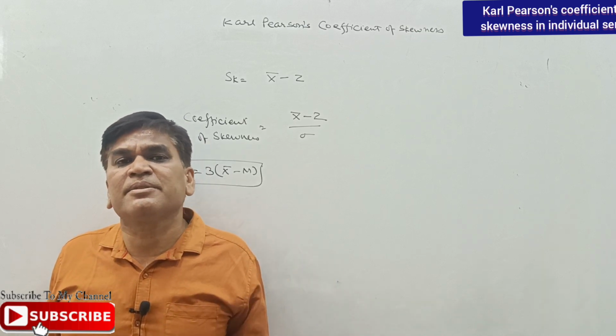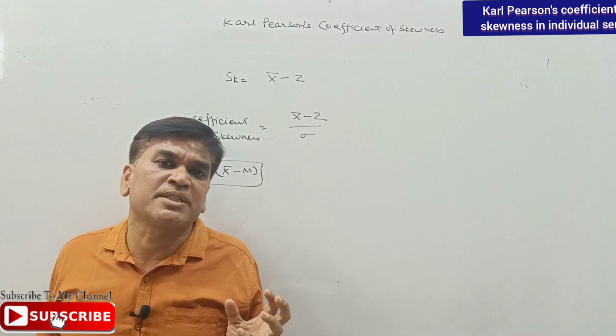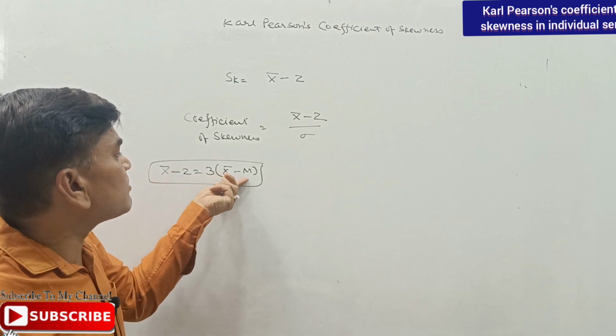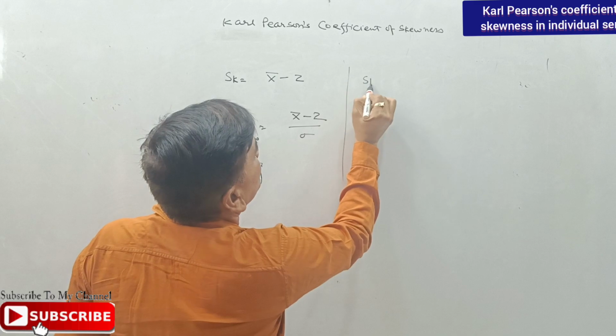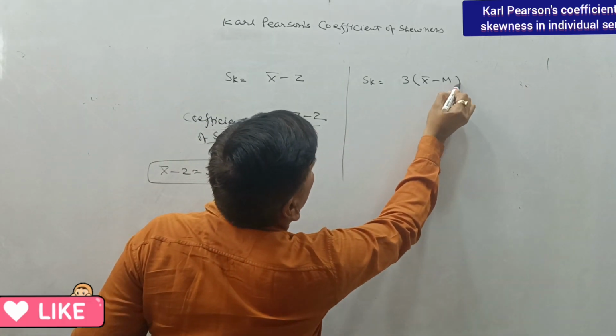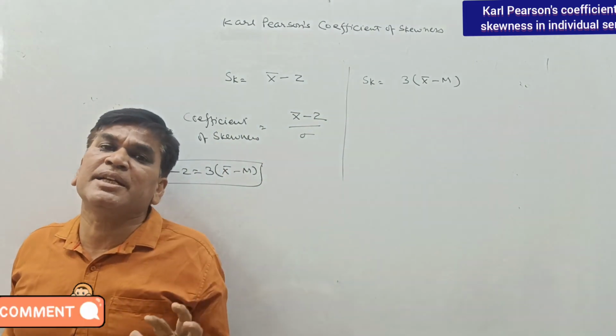then in that type of series, to calculate the Karl Pearson skewness, we will use 3 times x bar minus m instead of this. So our skewness formula will have 3 times x bar minus m. This is the second, alternative formula.